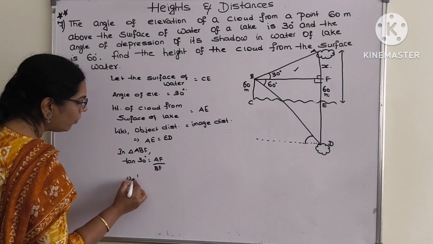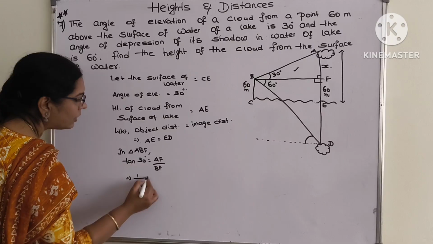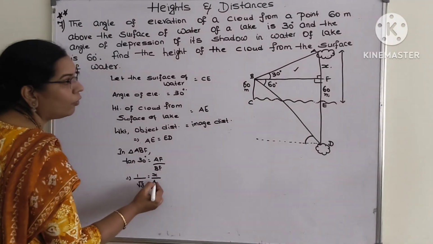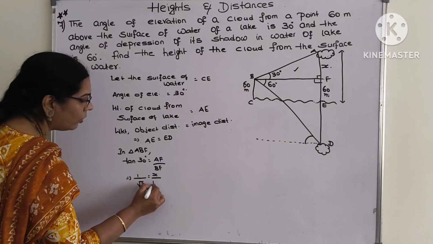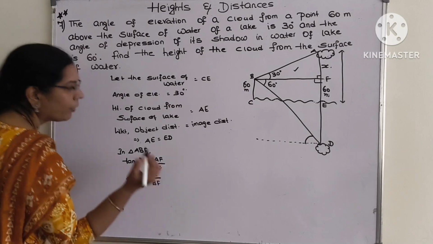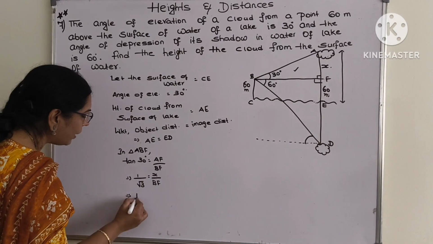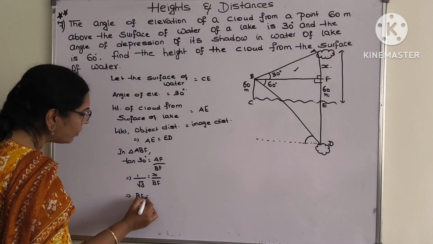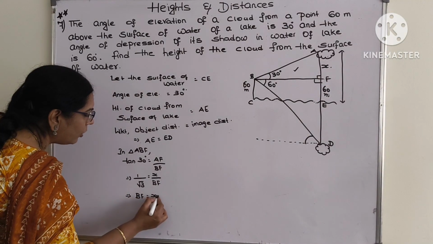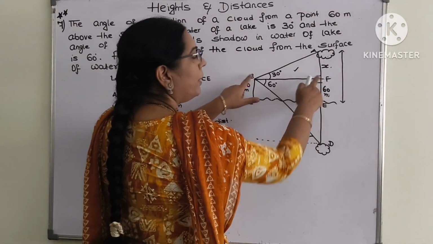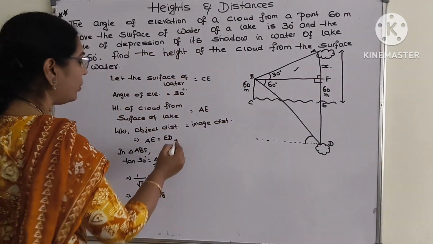Tan 30 is 1 by root 3, and AF we are considering to be X, so X by BF. BF I do not know, I will write it as it is. So do the cross multiplication. BF is equal to X into root 3. So whatever is BF, that is X into root 3.